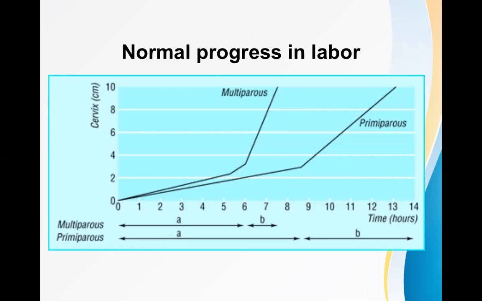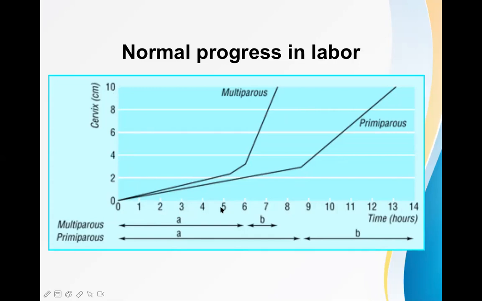Now see, this is very obvious, isn't it? This is the time taken for cervical dilation on the x-axis, and on the y-axis, this is the total cervical dilatation, and the maximum dilatation is 10 centimeter. We all know that.